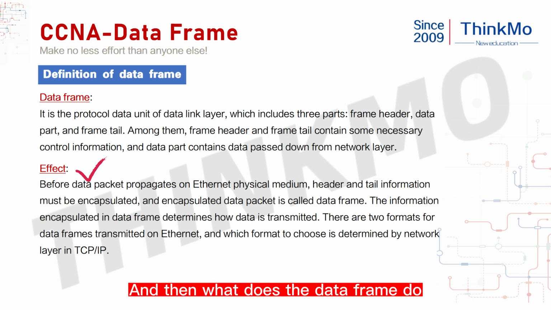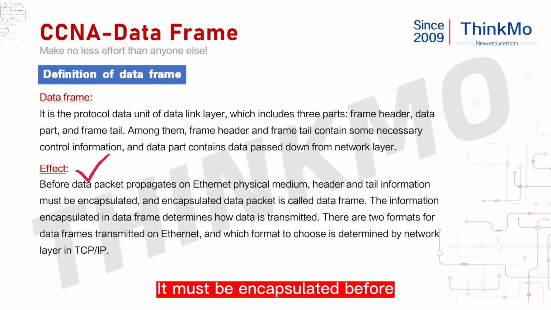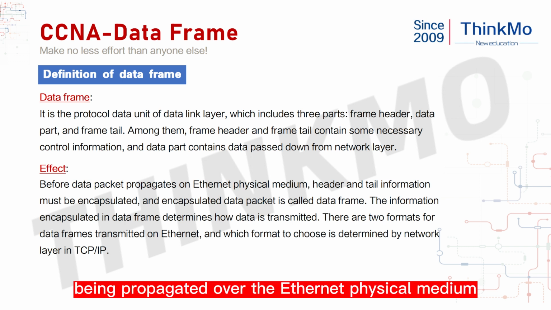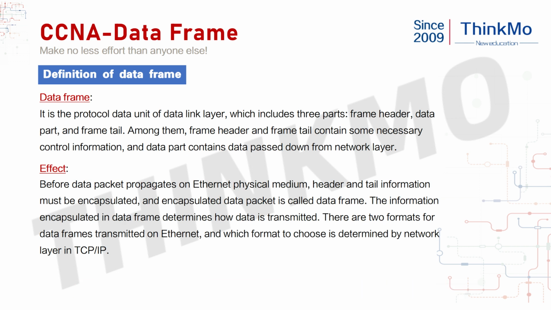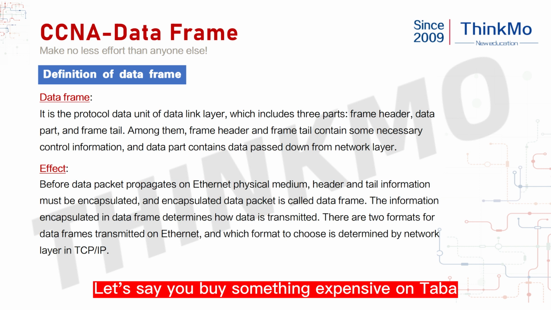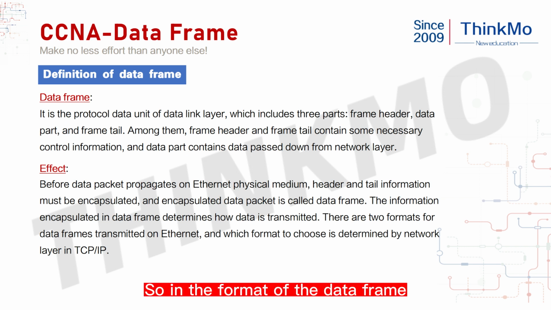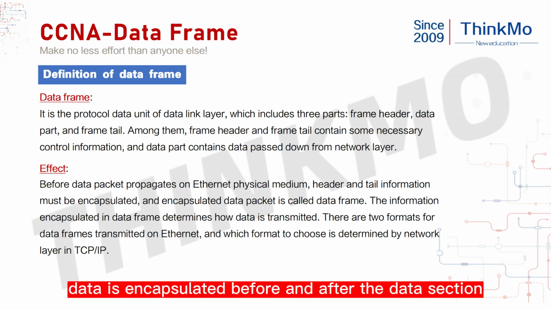And then what does the data frame do? It must be encapsulated before being propagated over the Ethernet physical medium. Let's say you buy something expensive on Taobao. The seller will package it during delivery. So in the format of the data frame, data is encapsulated before and after the data section.